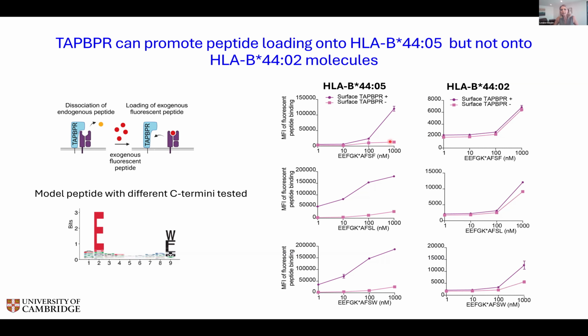But rather surprisingly, despite seeing that expansive effect for TAPBPR on the B4402 immunopeptidome, we found that TAPBPR was not efficient at loading peptides onto this MHC class 1 molecule. So we could only see a little bit of peptide loading in the system at very high concentrations of peptides for peptides that contain the C-terminal tryptophan.